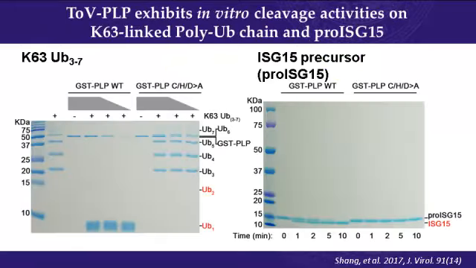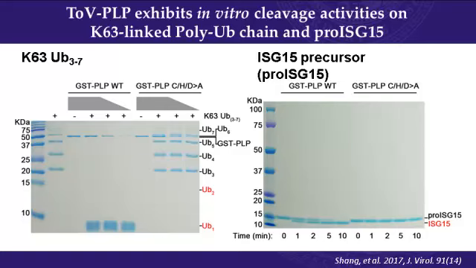So to further determine whether this torovirus PLP has the deubiquitination and deISGylation function, we performed the in vitro cleavage assay. The torovirus PLP protein was isolated and incubated with K63-linked polyubiquitin chain.